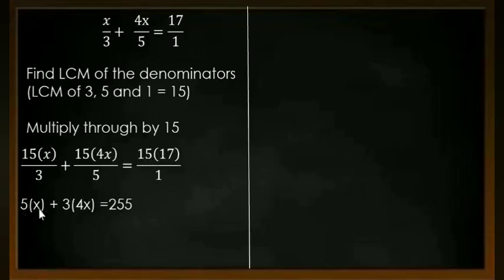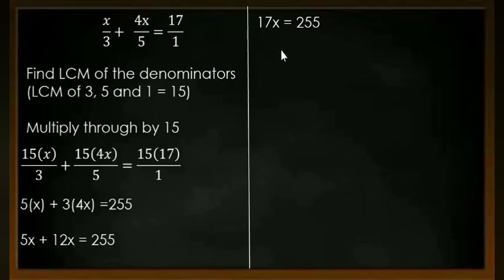Since brackets mean multiplication, this simply means 5 times x, that will give us 5x, plus 3 times 4x will give us 12x, equals 255. 5x plus 12x will give us 17x. We now have 17x equals 255.